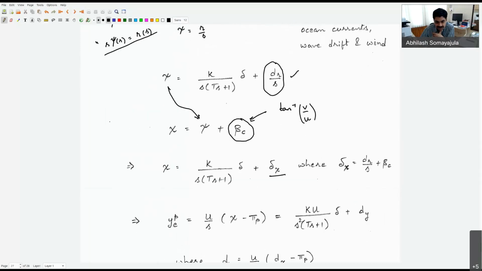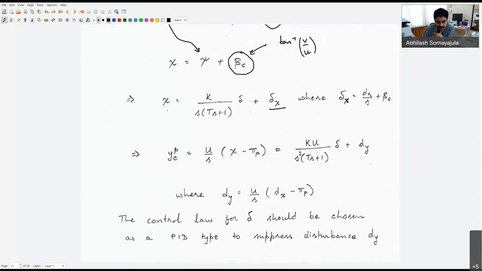I'm just substituting my chi into this expression for ype. We had ype dot equal to u times (chi minus pi p). If I integrate this, taking a Laplace transform, ype will be u by s times (chi minus pi p). That's what you're seeing here.